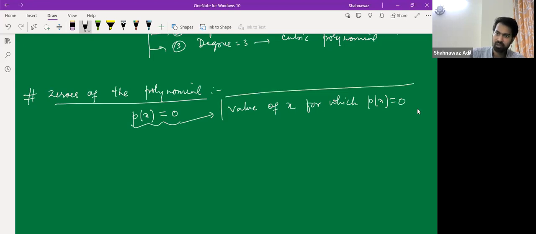These x values will be called the zeros of the polynomial.